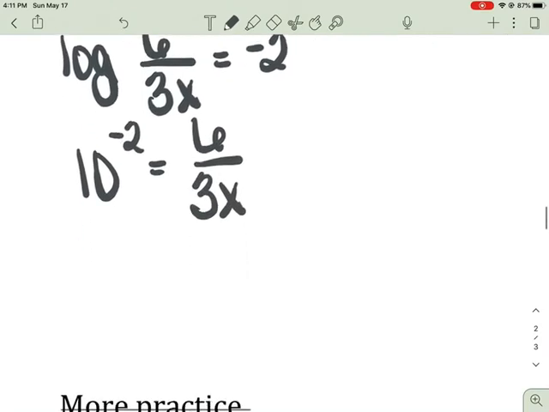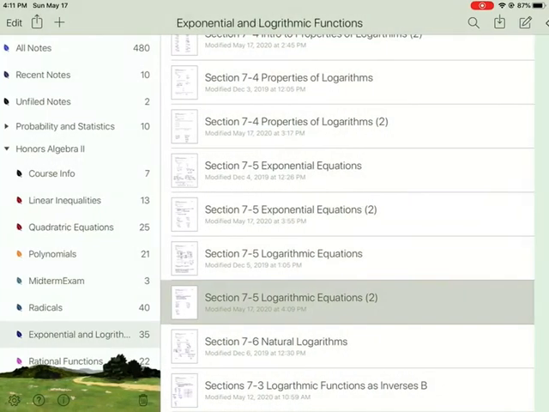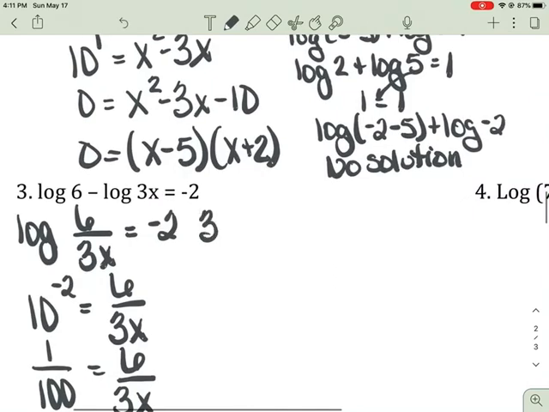I'm going to write this one as 1 over 100, because now I get 2 fractions that are equal to each other, which to me screams cross product. So when I do cross product here, I'm going to get 3x is equal to 600. x is equal to 200.